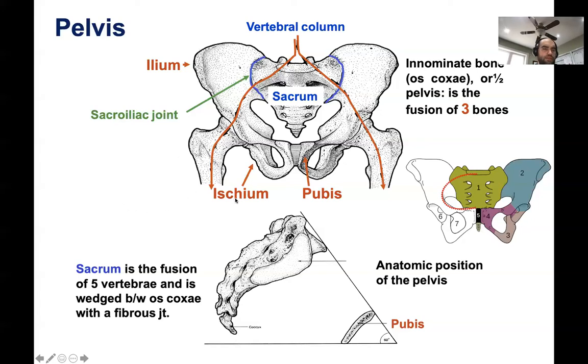The sacrum is at quite an angle too. This is a sacrum in a human body that's standing. We have to think of the spine not as a straight structure, it's actually super curved.